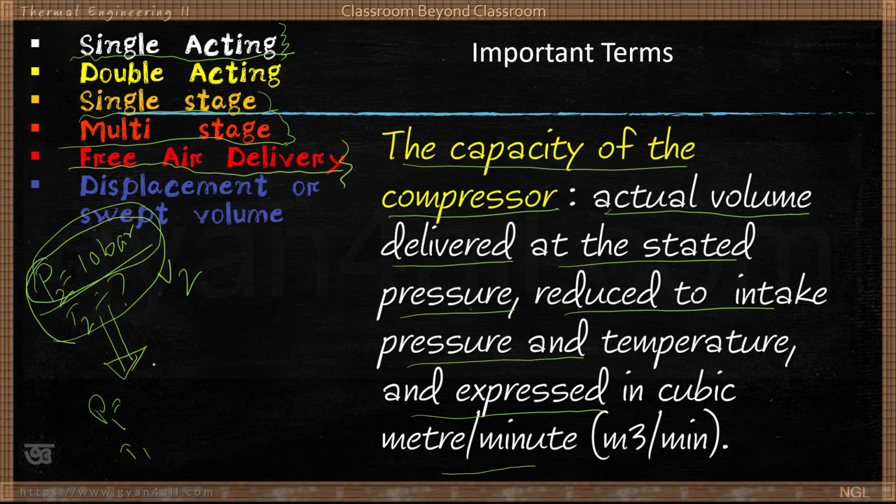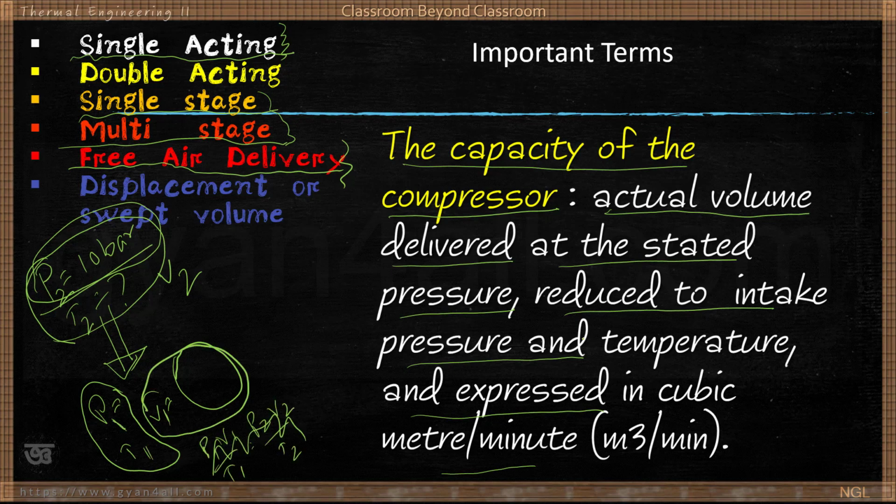Now if we convert to what V1 is at P1 pressure and T1 temperature, then that quantity will be called free air delivery. This is called reduced to intake pressure and temperature and expressed in meter cube per minute.